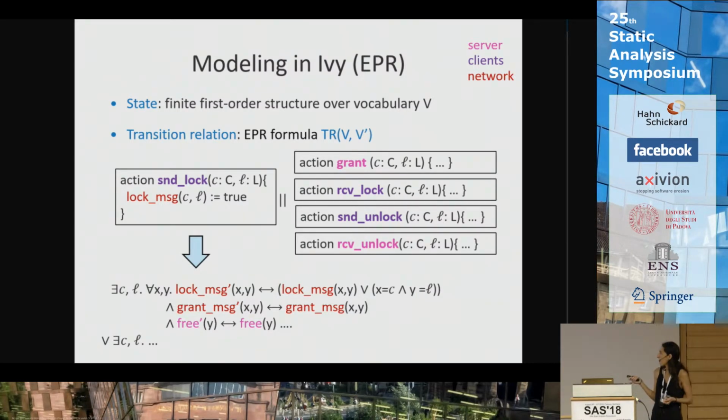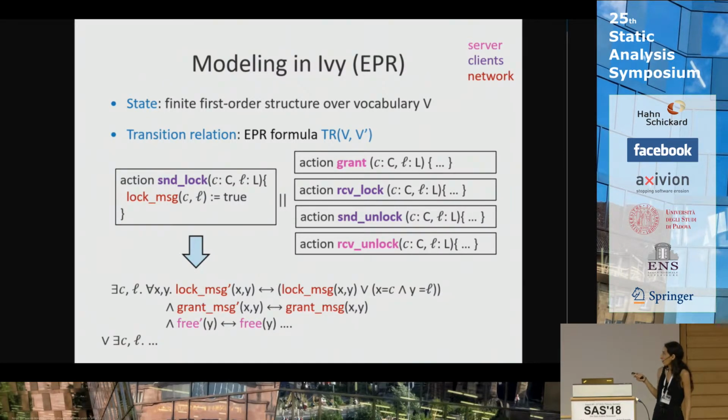For example, this action here, the send lock action, is when a client requests a lock, so it sends a lock message to the server. This is done by updating the lock message relation for this client and lock to be true. And this true here is just a first order formula. It could be a more complicated formula if we wish.